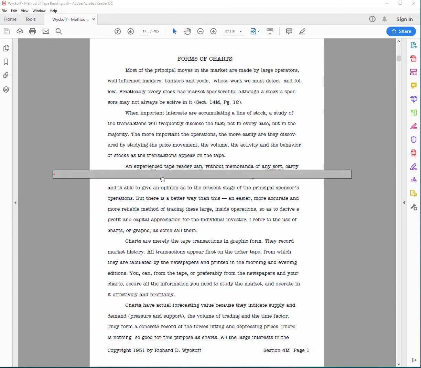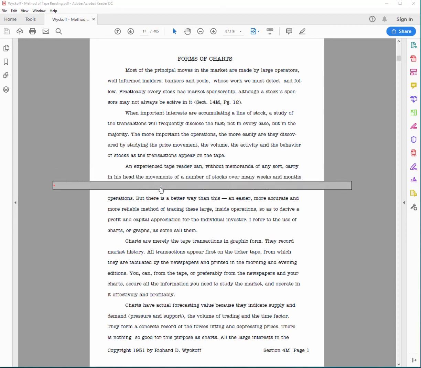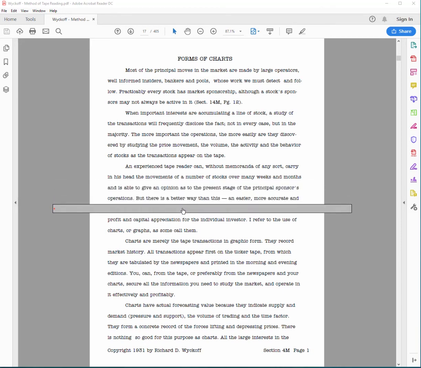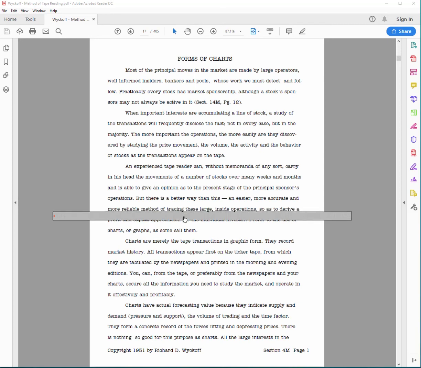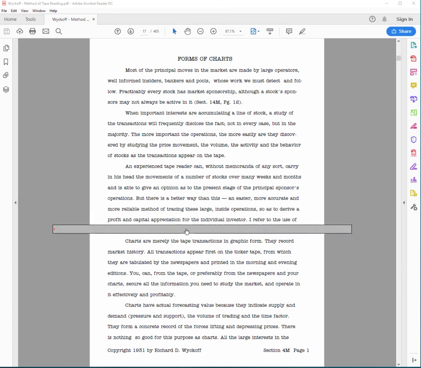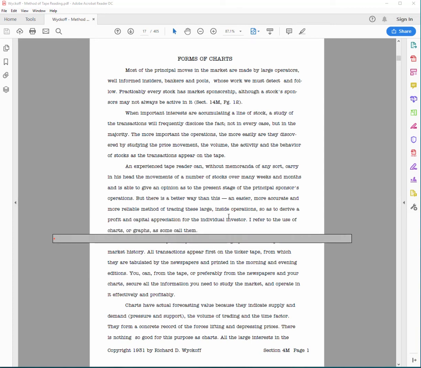But based on the P&F chart. Anyway, an experienced tape reader without memoranda can keep the movements of a number of stocks in his head. You don't really need to do that because we have computers and watch lists and notes. But the idea is, use a chart.